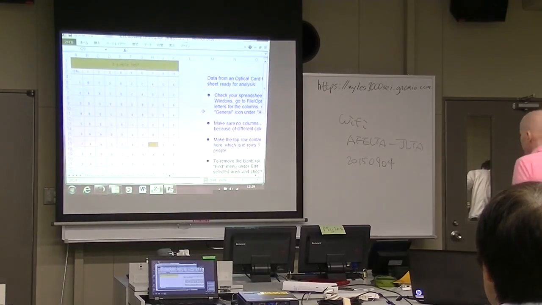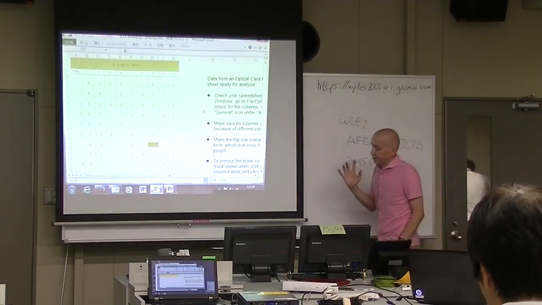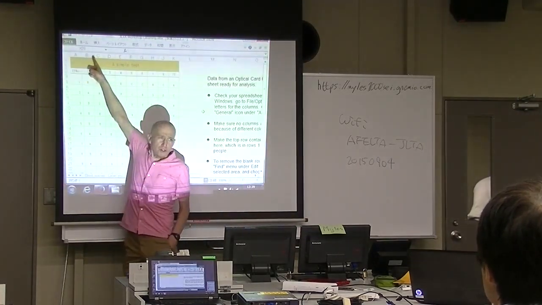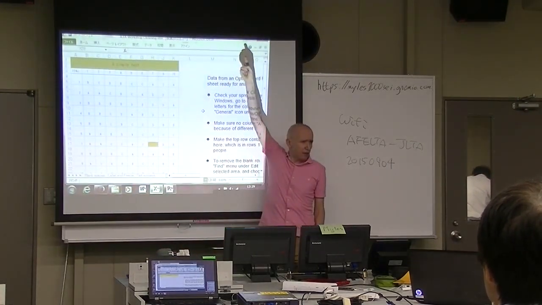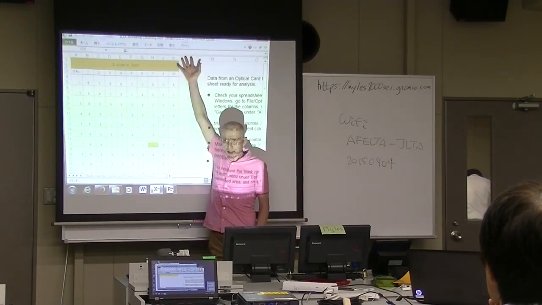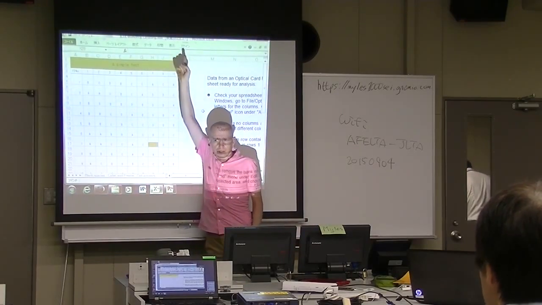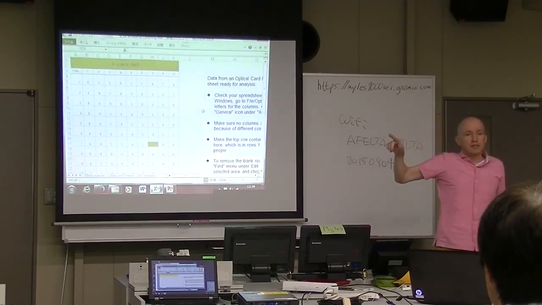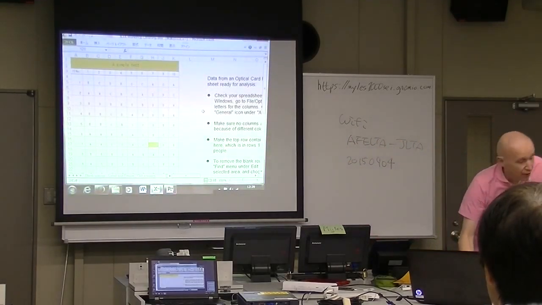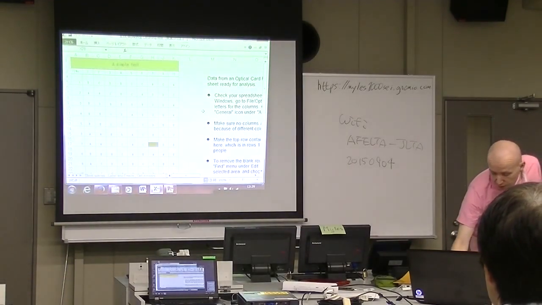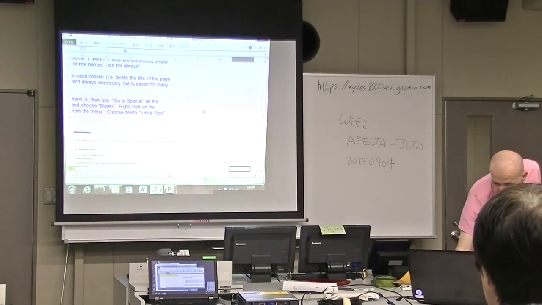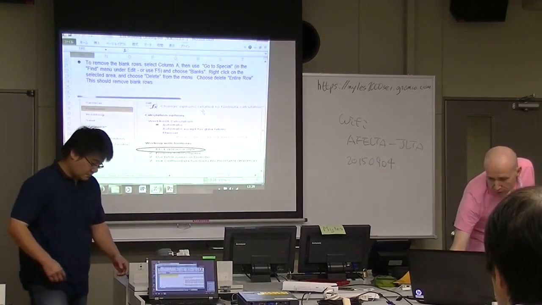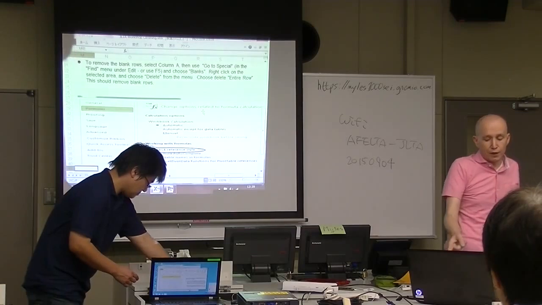The first thing that really freaked me out was that I had 1, 2, 3, 4, 5, 6, 7 down here, and up here it said 1, 2, 3, 4, 5, 6, 7, 8, 9 as well. I didn't have letters, I had numbers. This is called R1C1 formatting, and if you look down at the bottom, this is taken from our Windows system.